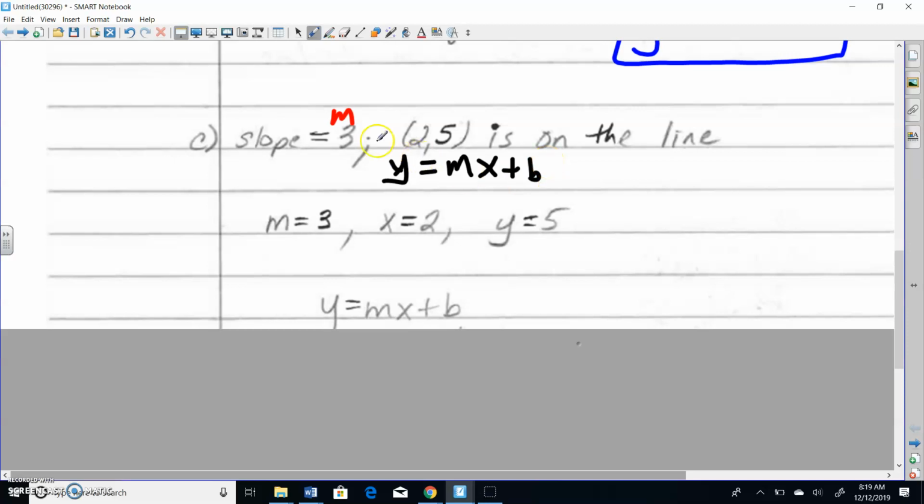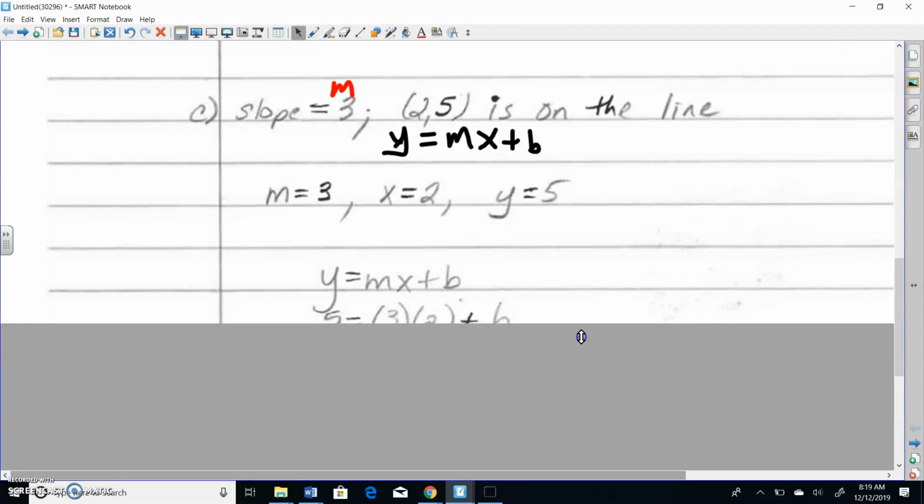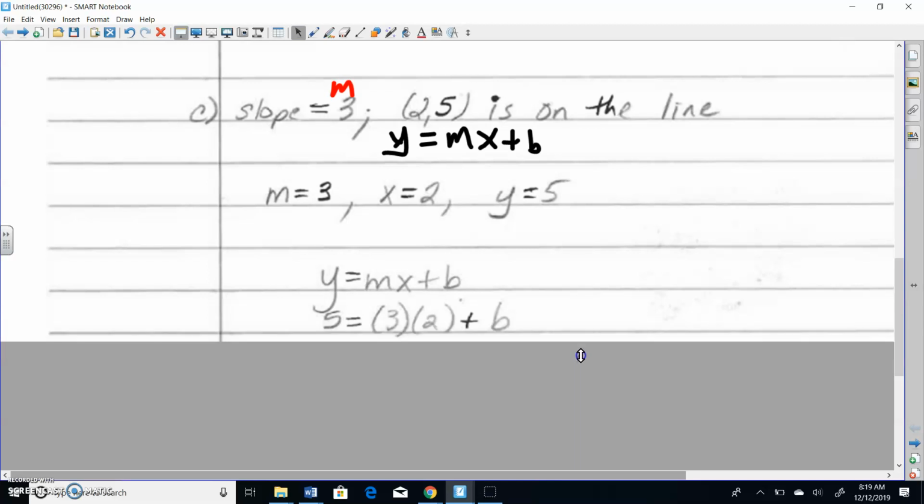So we're going to use the slope, one x value and one y value to help us find b. So that looks like this: y is 5, we got that from here. So we write 5 equals slope, which is 3, times x, which is 2, plus b, our y-intercept.